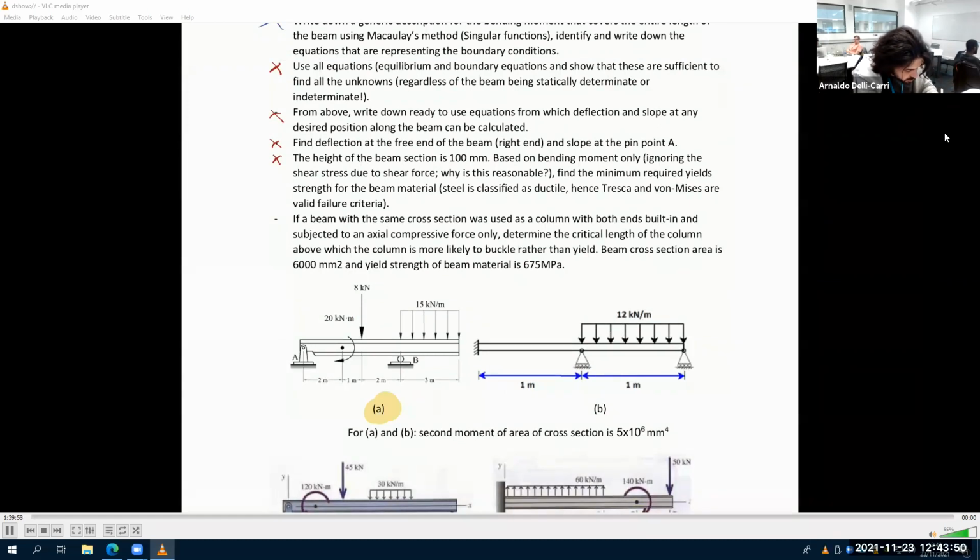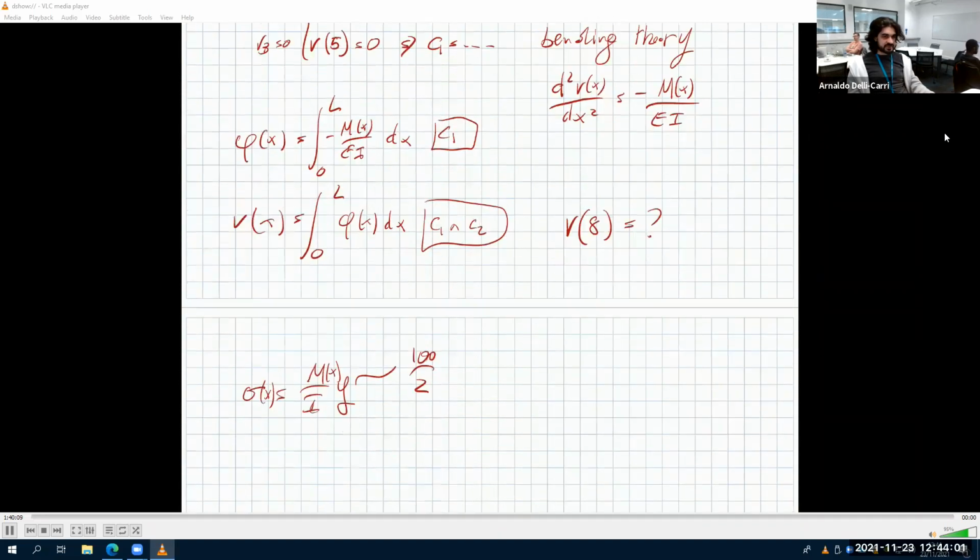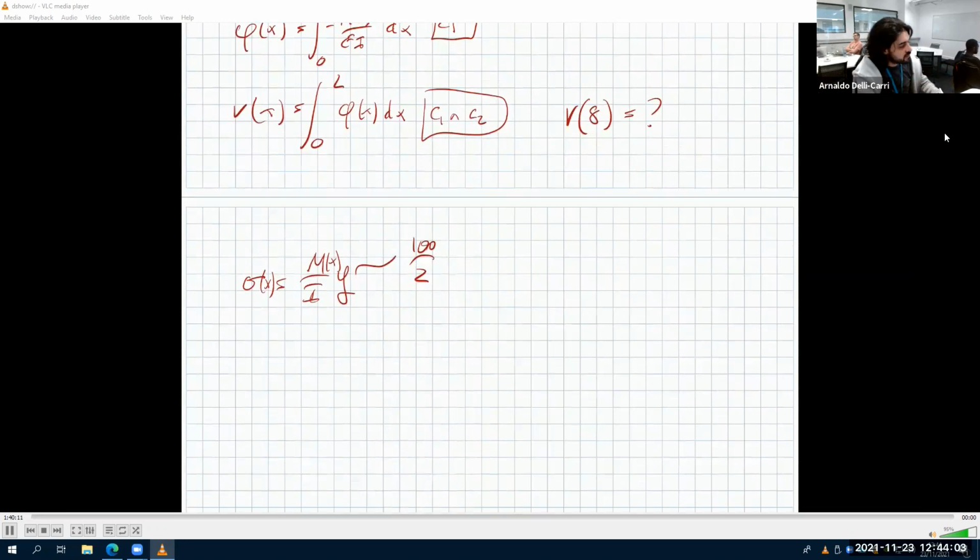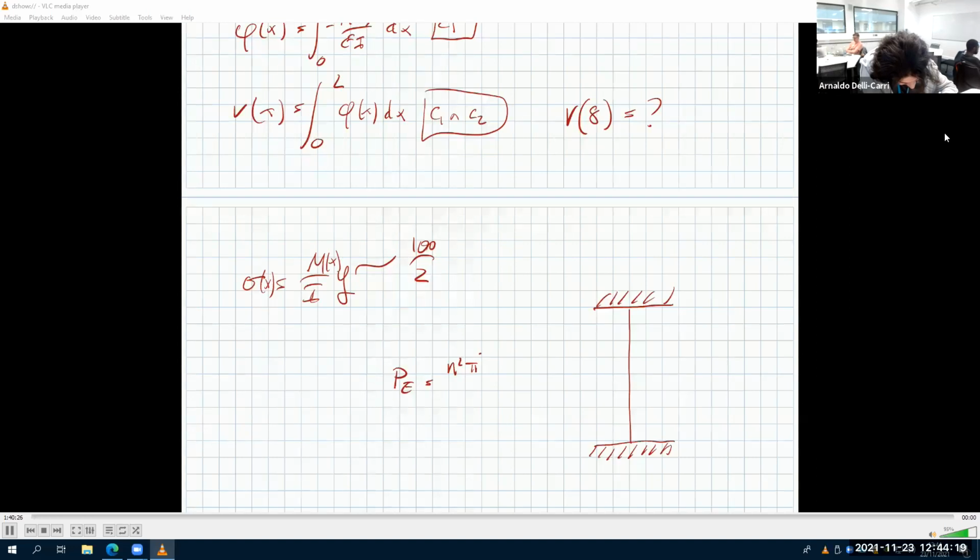And then it says if a beam with the same cross section was used as a column with both ends built in and subjected to an axial compressive force only, determine the critical length of the column above which this is just buckling. Okay, so for buckling you have to find PE, which is N squared pi squared EI over L squared.